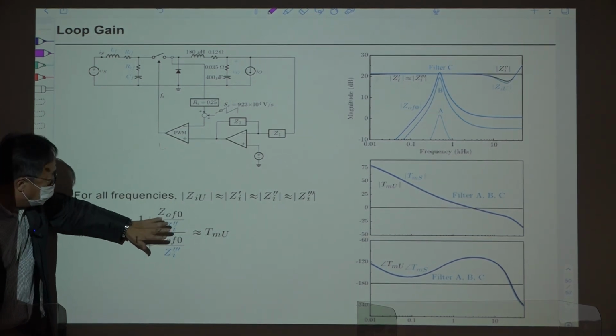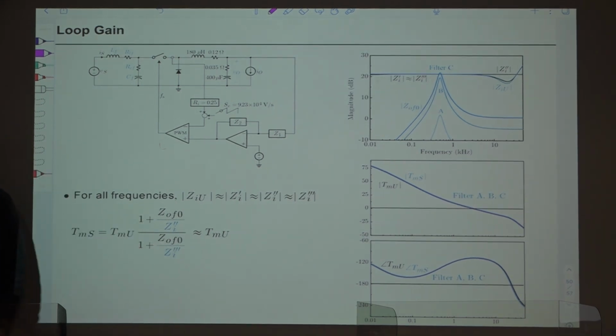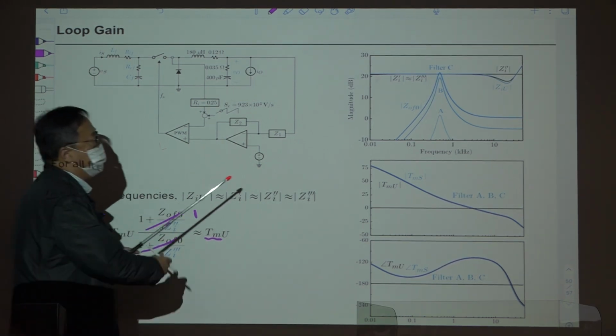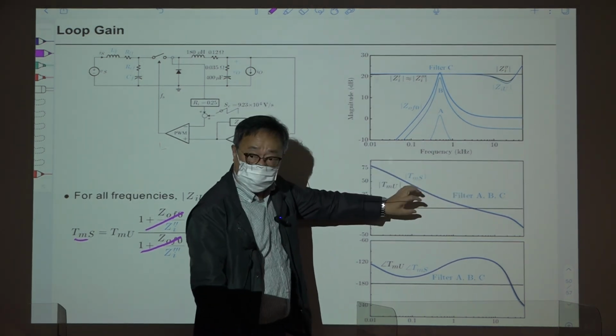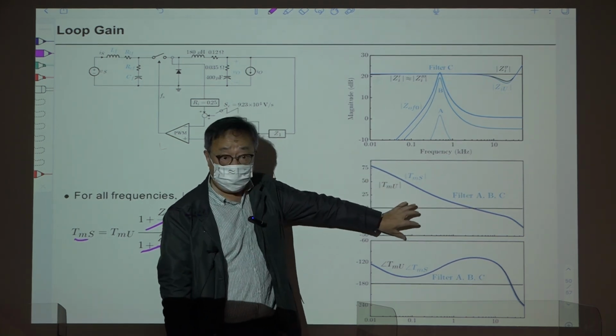If something happens here, the same thing should happen here. They are the same. So they also cancel, become 1, and the loop gain does not show anything, even if the converter is marginally unstable, or actually unstable. The loop gain is not telling us anything about the problem of this converter.